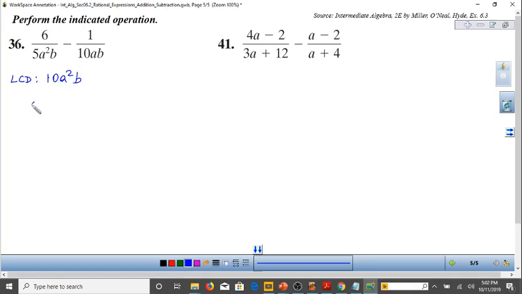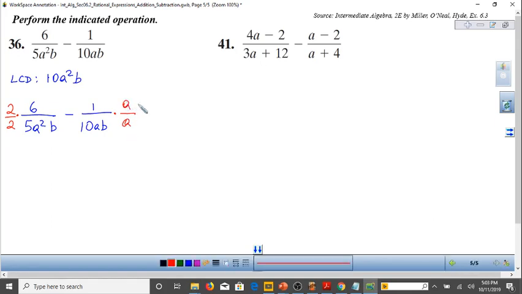Now I take each fraction and I need to multiply by an appropriate expression or number to make the denominators the same. So in this case, I'm going to multiply the first expression by a 2 because I need it to be 10a squared b. And I'm going to multiply the second expression by an a because I need it to be 10a squared b.